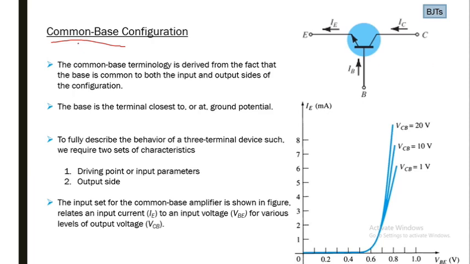For common base configuration, the base is common, or at the ground potential, between input and output. In this case, we apply input at emitter to base, and we measure output from collector to base.